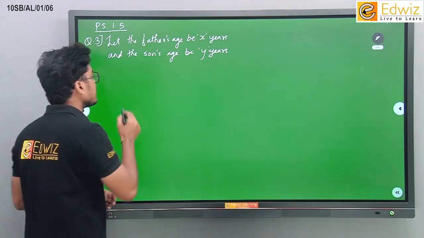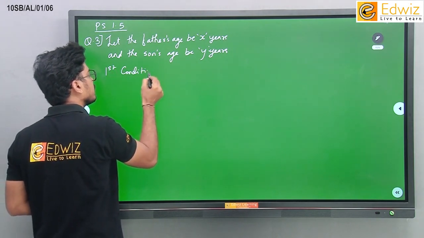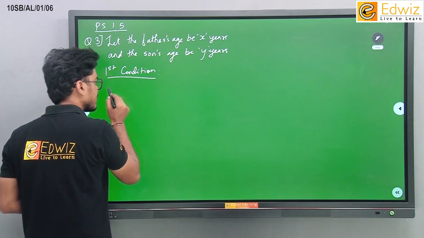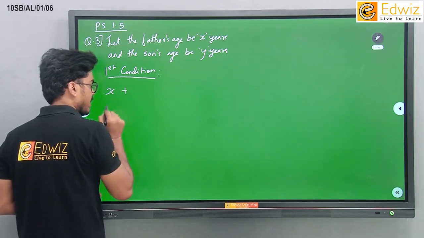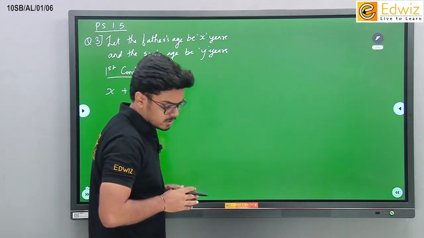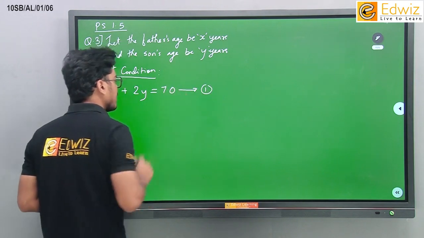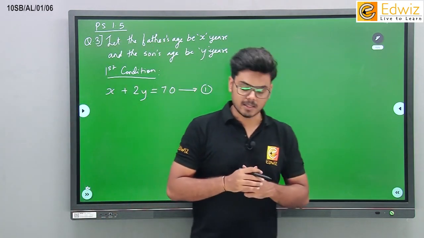So the first condition that is given in the textbook, first condition, the sum of the father's age x plus twice the son's age 2y is equal to 70. Okay, this is the first statement which helped us to form the first linear equation.